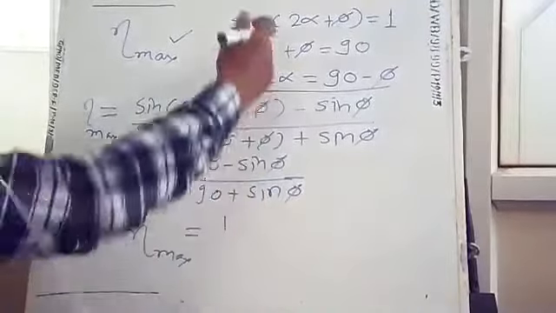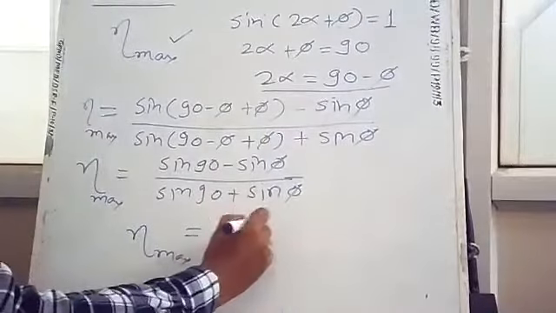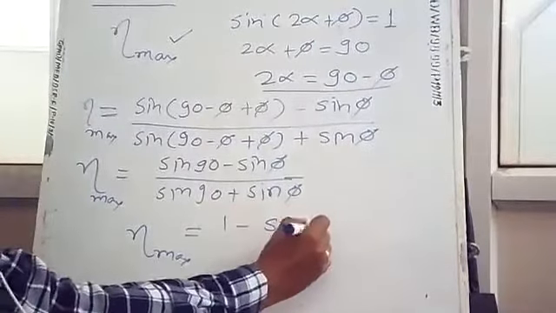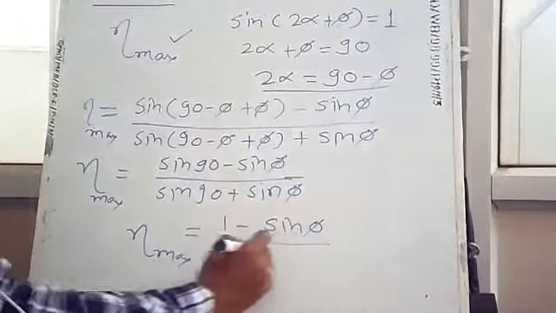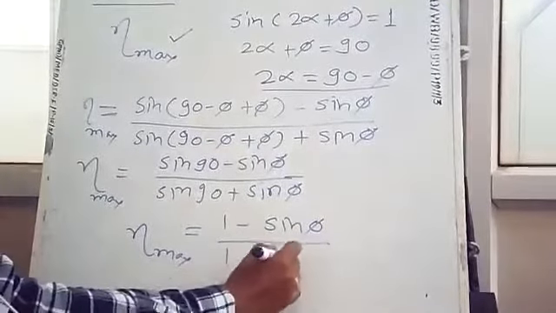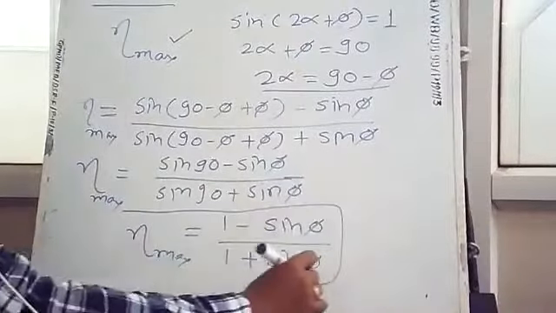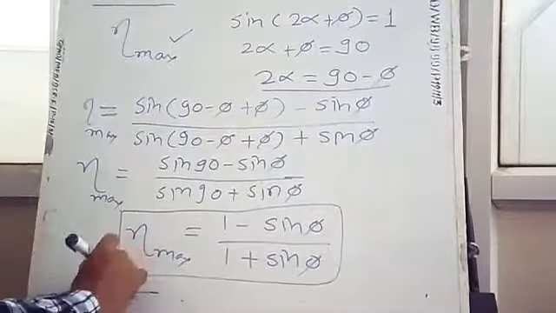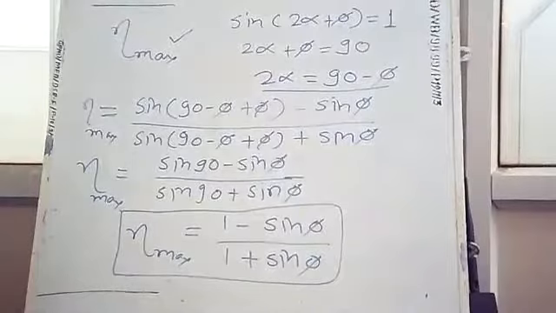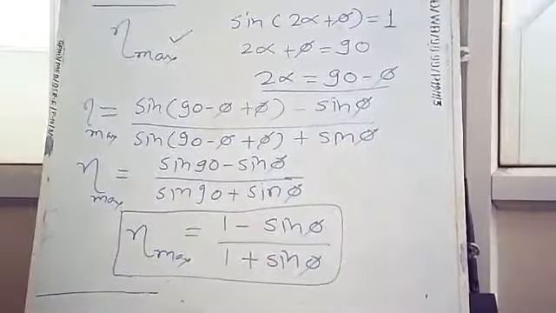Sine of 90 is 1, as we have just seen. So 1 minus sine of phi divided by 1 plus sine of phi is the condition of maximum efficiency. With this we can say that the maximum efficiency equation for this square power screw is 1 minus sine phi divided by 1 plus sine phi.